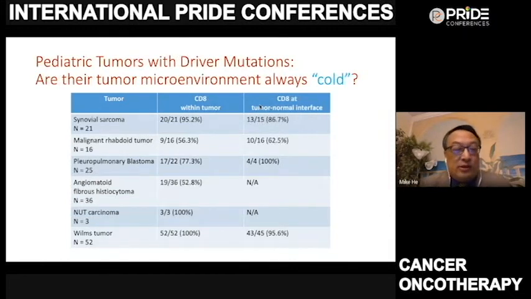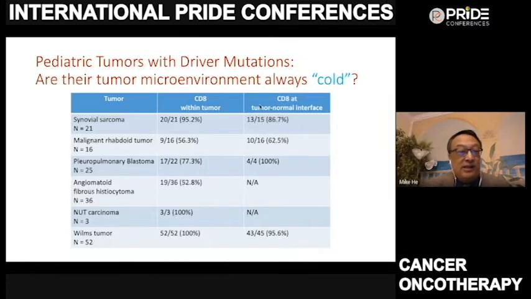The first question is whether these tumors with driver mutation always have a cold tumor microenvironment, as described by many studies or papers. So we did CD8 immunohistochemistry to answer this question.